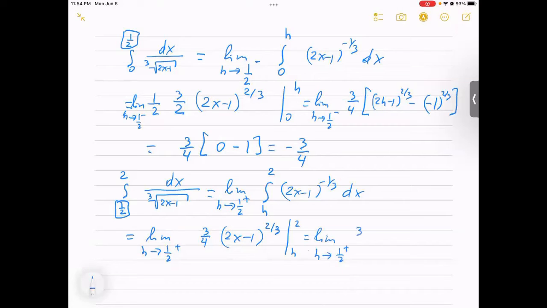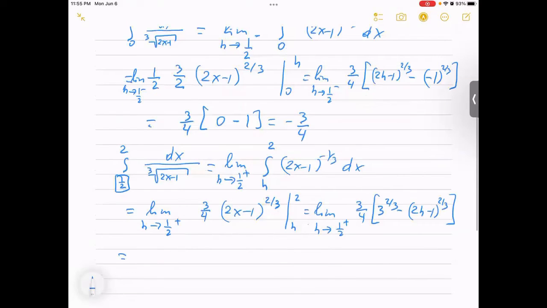Limit as h approaches 1/2 from the right. So we're going to get 3/4. When substituting 2, we get 3 to the 2/3, minus (2h minus 1) to the 2/3. Now we substitute h equals 1/2 from the right, so we get 3/4.